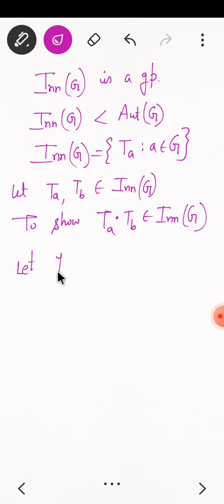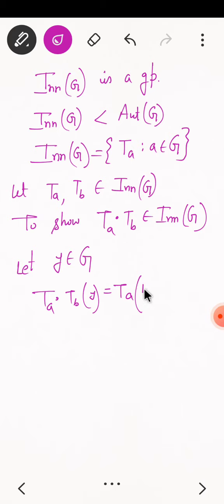So let y be an arbitrary element of the group G, then T_a composition T_b of y is equal to T_a of T_b(y), equal to b y b inverse. T_a of that, by definition of T_a, is a (b y b inverse) a inverse.